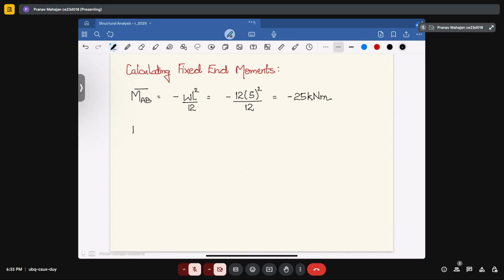So now your M for BA will come out as 25 kilonewton meter.